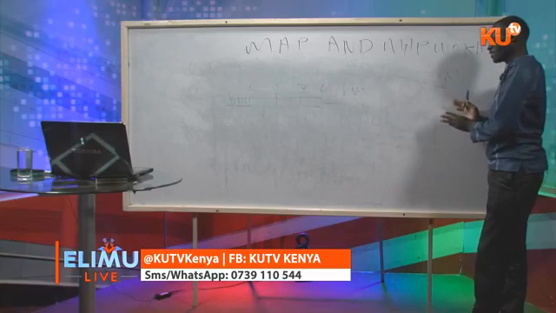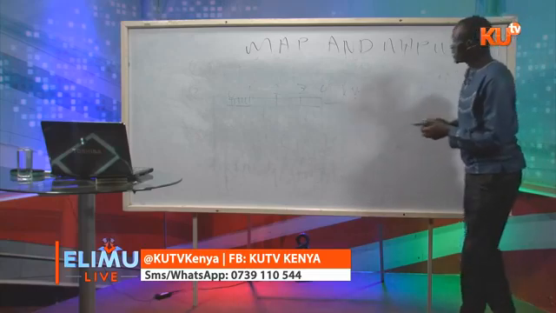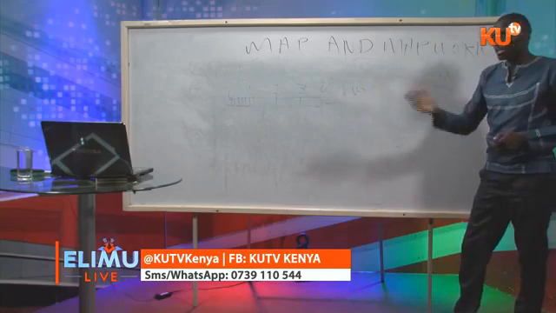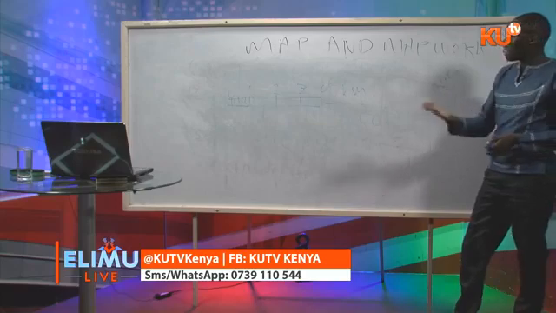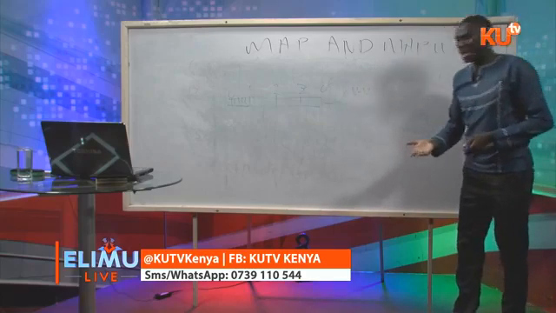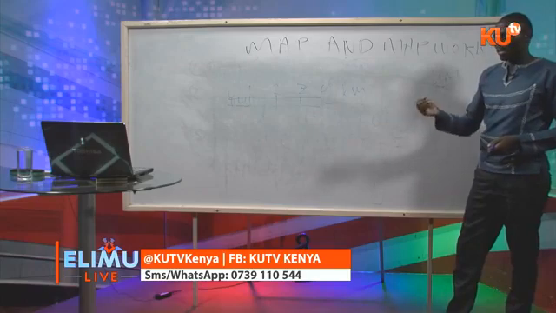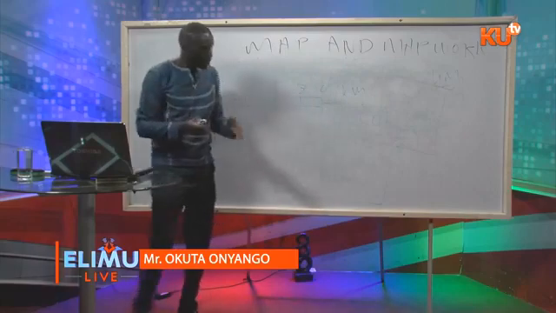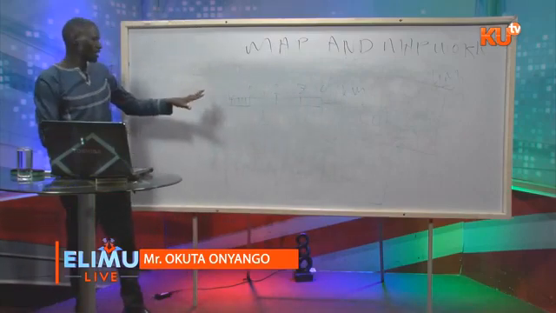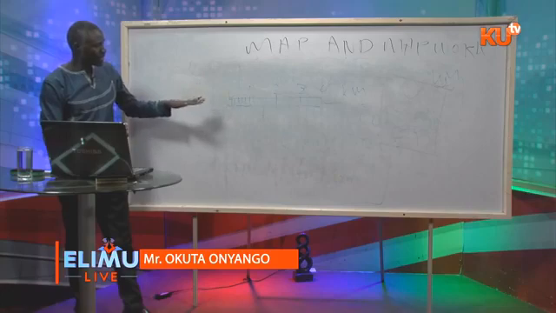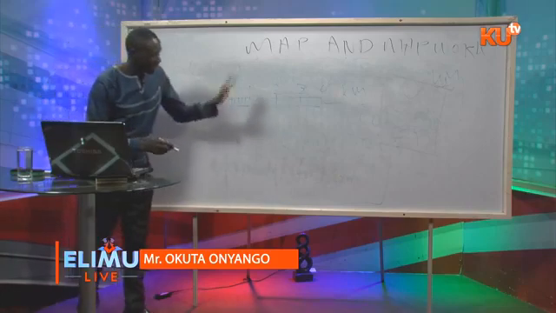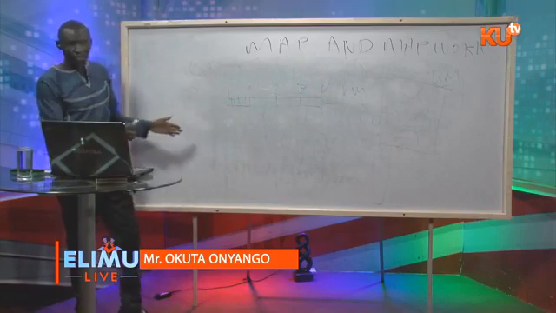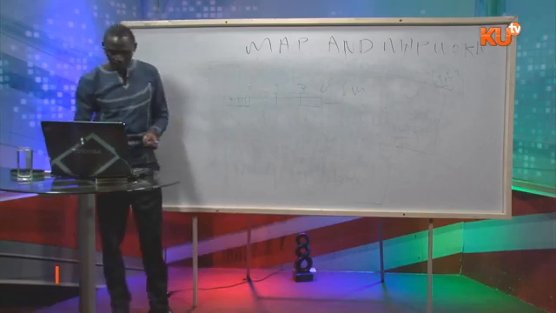In other words, you use the scales to convert the representation of that map to the actual ground. We said a map is a representation of an actual ground on flat paper. So it is very important, whenever you are converting this, to use the right units that have been displayed by the cartographer, and this information is available there.